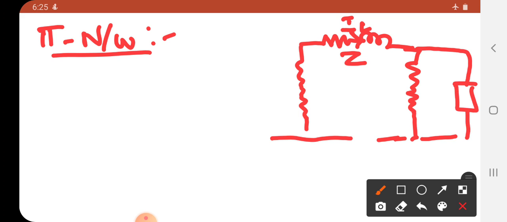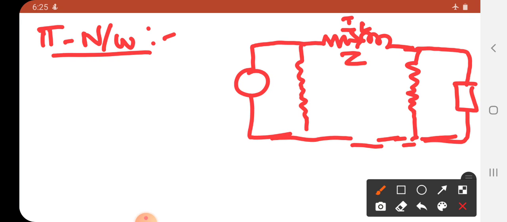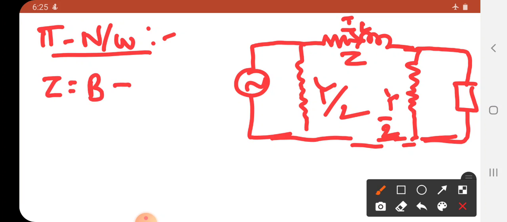This is the sending end and load, Y by 2. Now what is the equation for Z here? Z is equal to B. What is that value? That is 82.3 at an angle of 73.03.